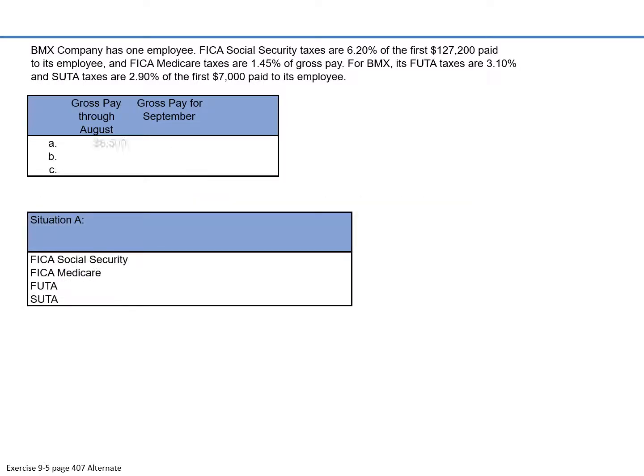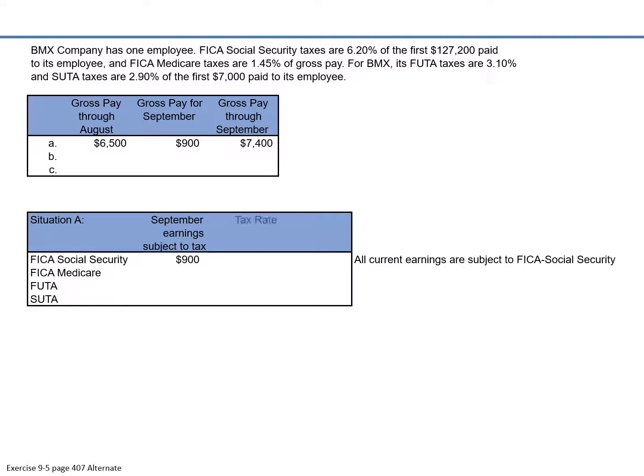So in situation A, we have 6,500 pay through August, 900 pay for September. Gross pay through September is $7,400. So all wages are subject to FICA Social Security. So $900 in September times the rate they give us, 6.2%, is a total tax amount of $55.80.